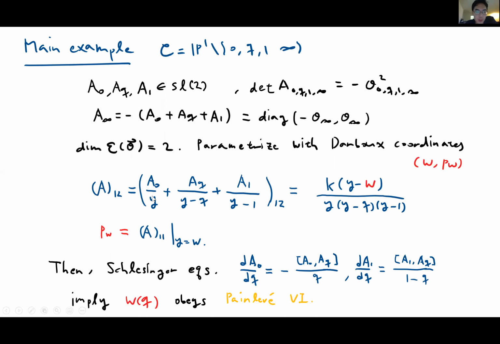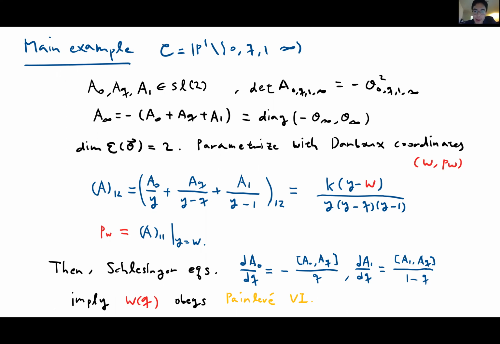And what's important is that when we write the Schlesinger equation for this 4-puncture sphere Fuchsian system, I rephrase the Schlesinger equation for our main example. And since we parameterized A0, Aq, A1 using W and PW, these equations will be differential equations in W and PW.